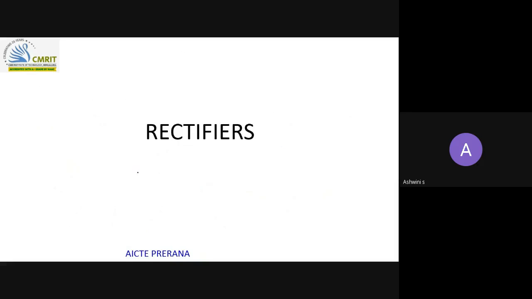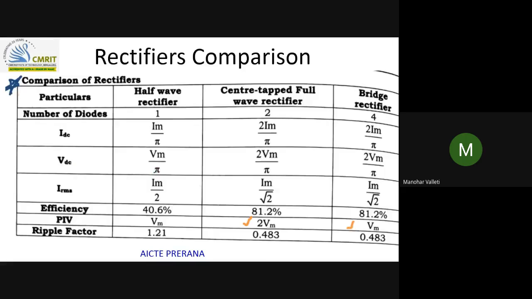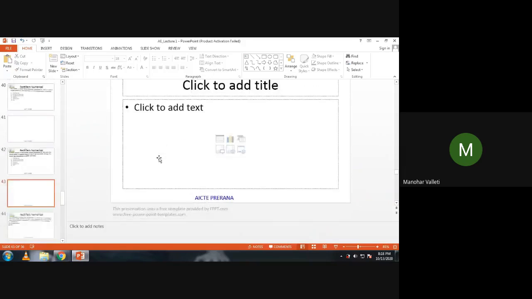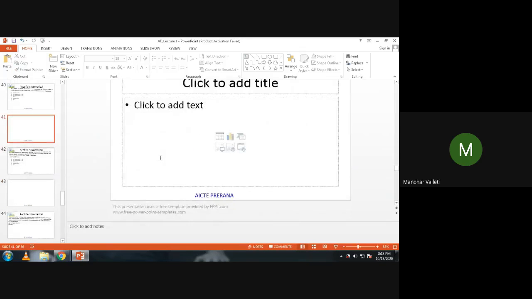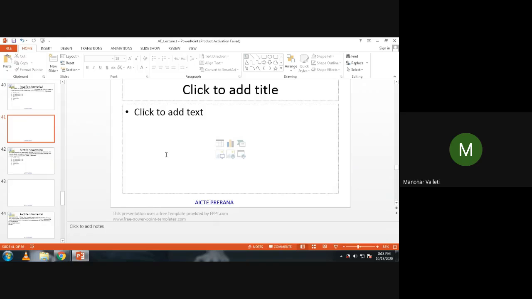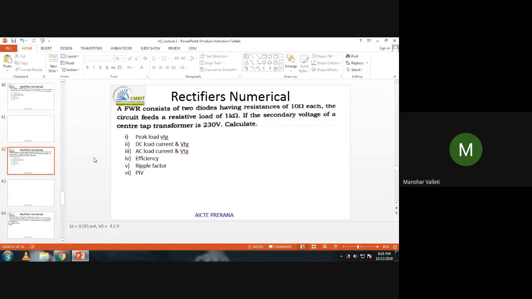Yes, sir. Okay, so these are the topics I'm briefly showing you that I'm going to discuss in the coming class, and then wind up today's class. Rectifiers: in detail we will discuss the half-wave rectifier, center tap full wave rectifier, and bridge full wave rectifier operation. Till now, in the diode problems we saw, we used only DC voltage sources.